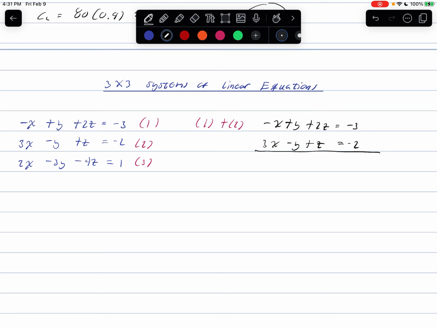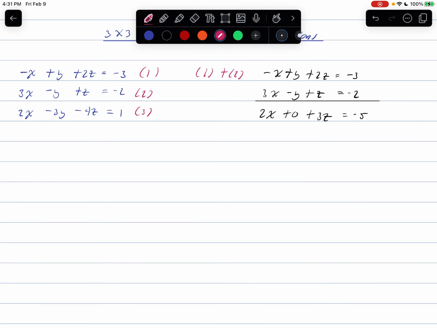So if we add these together, here we'll have negative x plus 3x. That's going to give us 2x. Y plus negative y gives us 0. And then we have 2z plus z, which gives us 3z. And negative 3 plus negative 2 gives us negative 5.